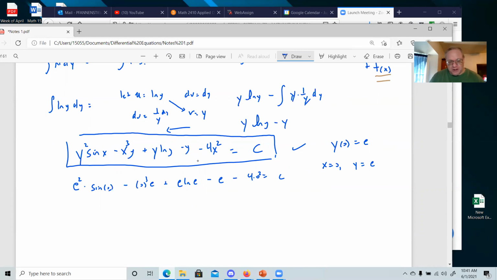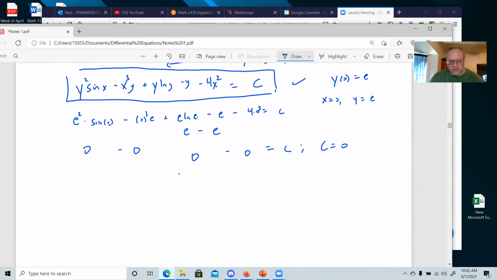Well, sine of 0 is 0, so that's gone. 0 cubed times e is still 0. Natural log of e is 1, so this is e minus e. Well, that's conveniently 0, and then that's all 0 equals c. So not much of a surprise there. C is equal to 0.